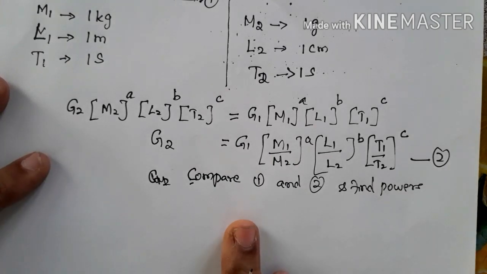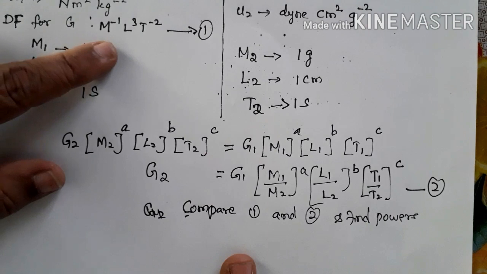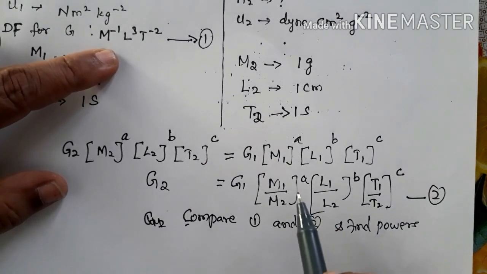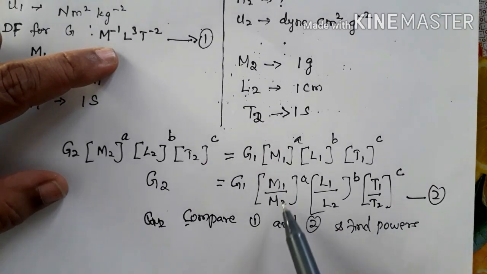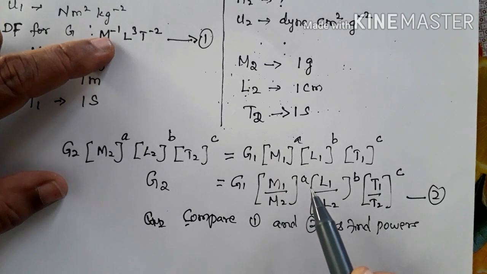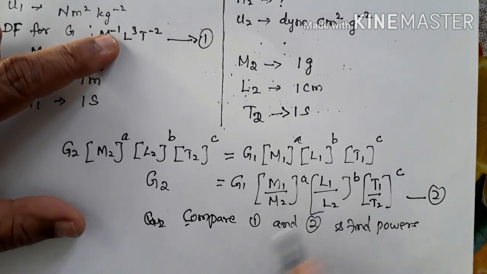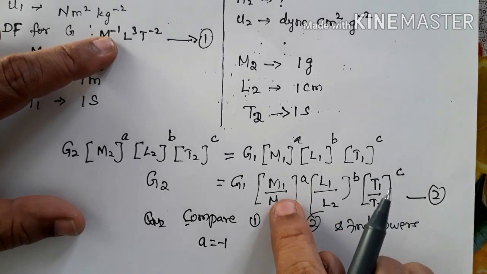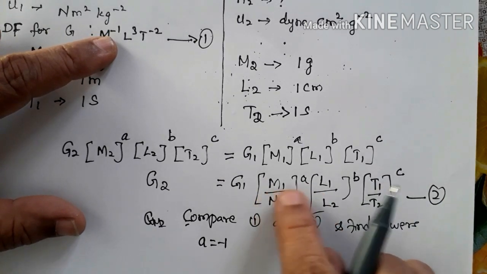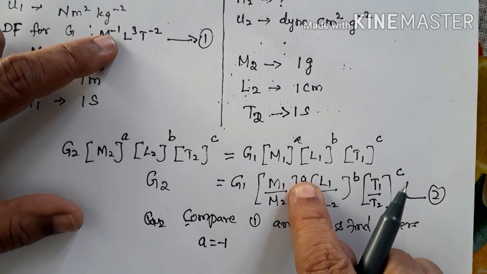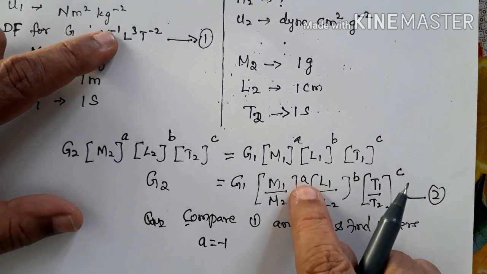If you compare 1 and 2, you can see the first equation is here, children, the second equation is here. M1 by M2 is having the power A, and here M has power minus 1. So A is equal to minus 1.